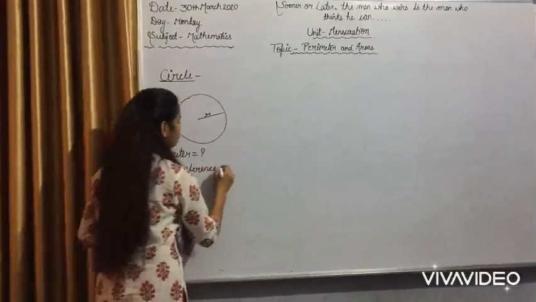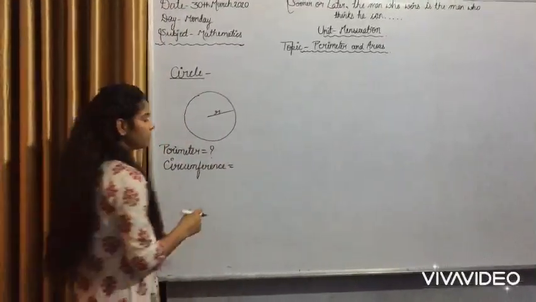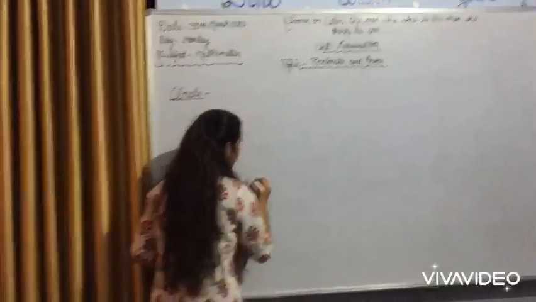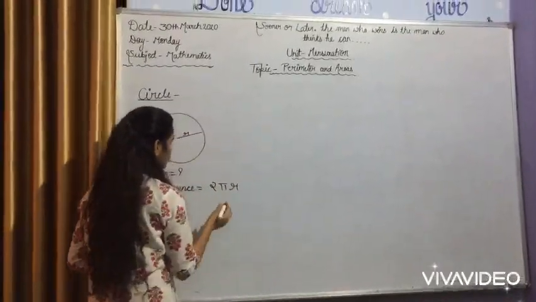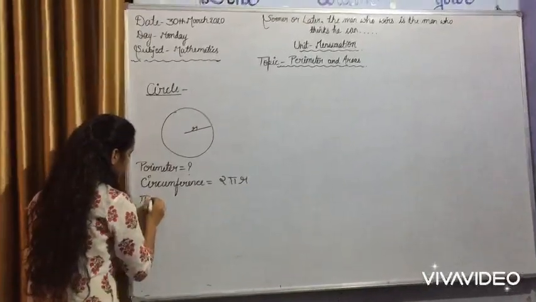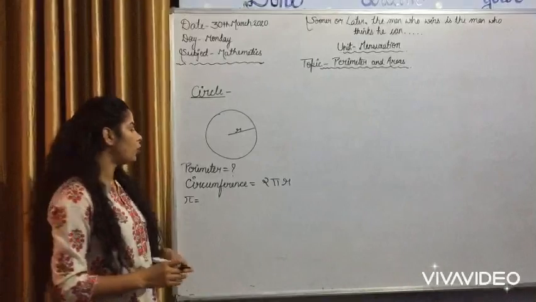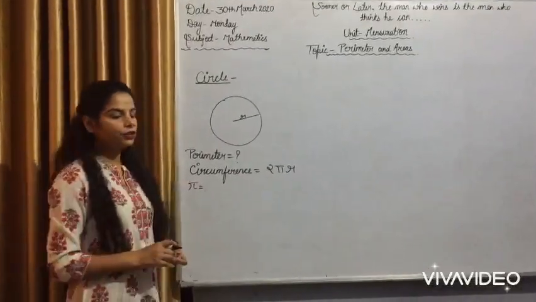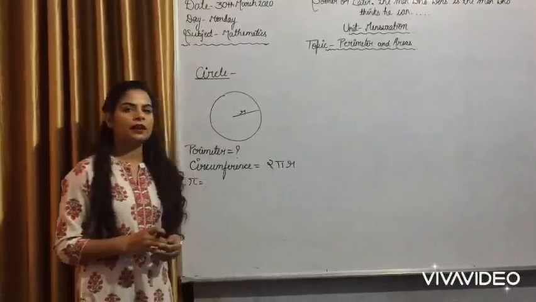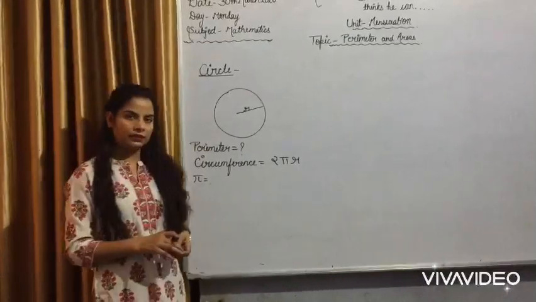The circumference of a circle is derived by using the formula 2 pi r. What is pi here? Pi is a constant which is obtained by taking the ratio of the circumference and the diameter of a circle.